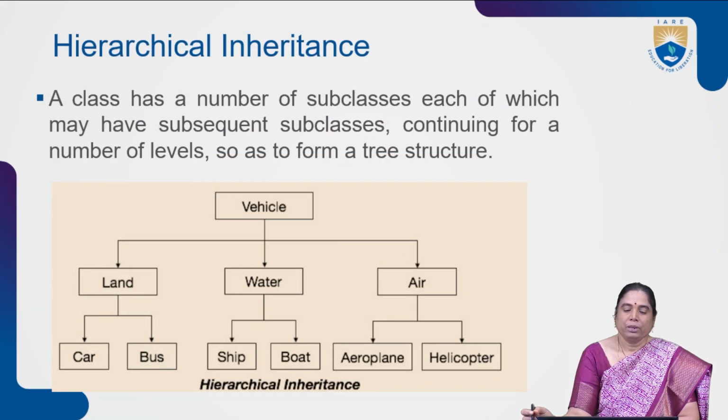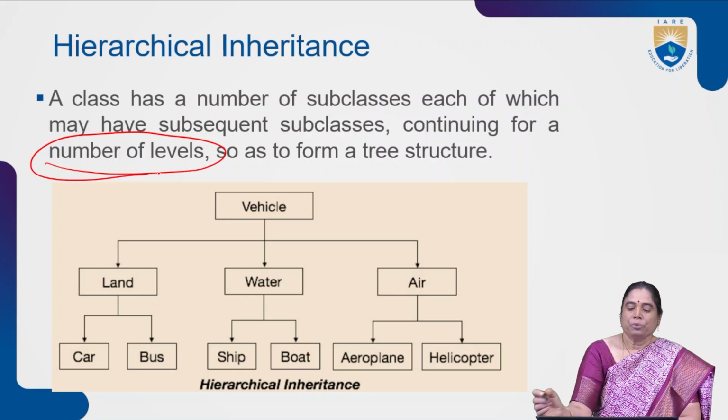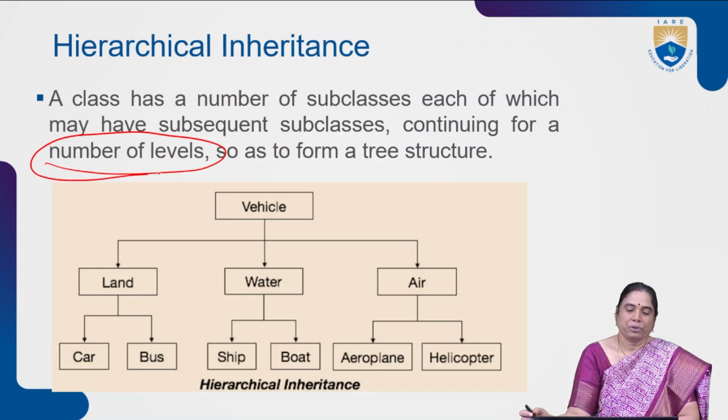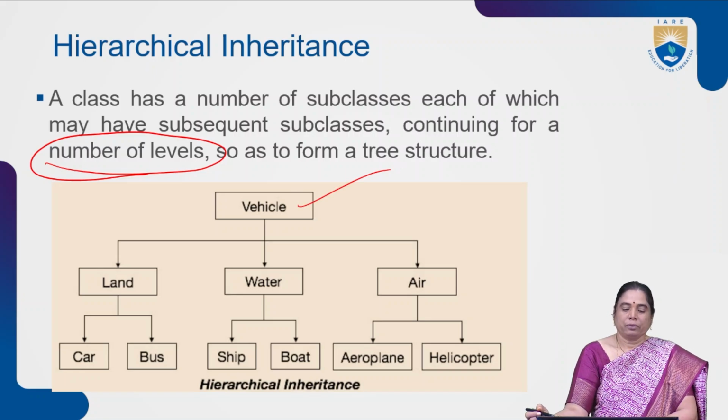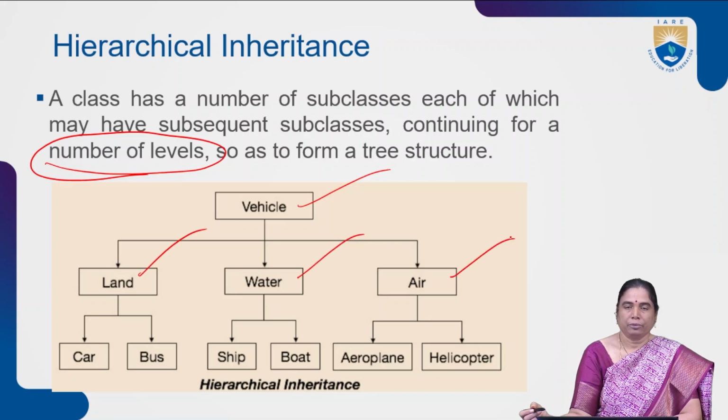Next variety of inheritance is hierarchical inheritance. A class has a number of subclasses, each of which may have subsequent subclasses continuing for a number of levels so as to form a tree structure. This variety is called hierarchical inheritance. Consider an example. Vehicle is the superclass which has three derived classes: land, water and air.